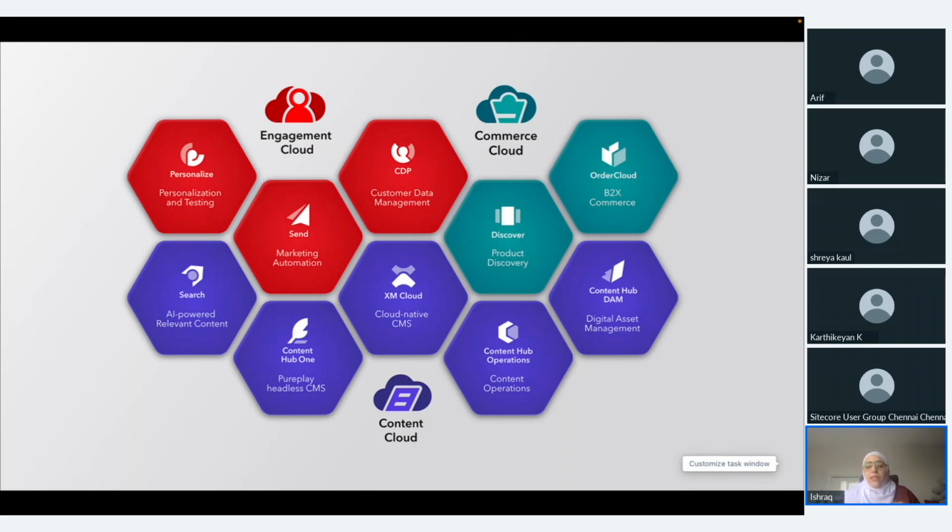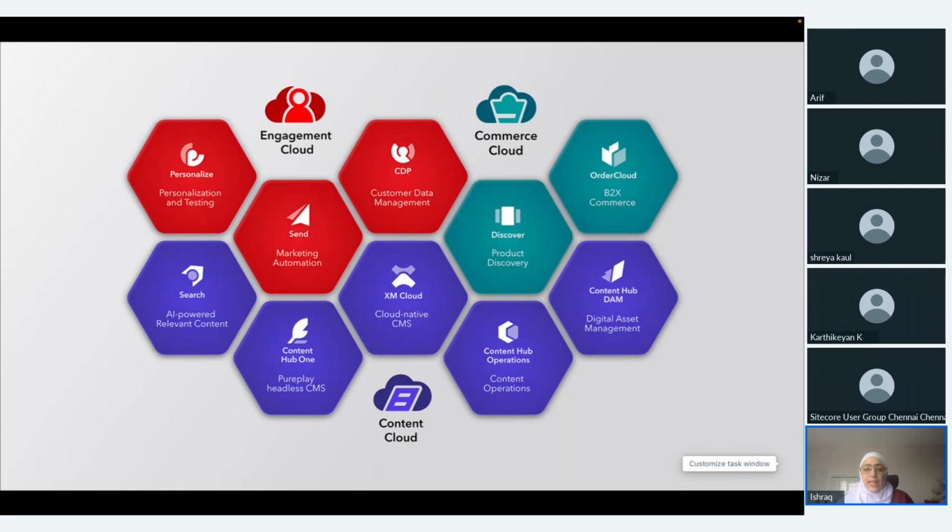And still the main concept with this Sitecore offering, as we can see in the blue section, is content. So we have been introduced to XM Cloud, a cloud native CMS, and it's important that we make a distinction between XM Cloud and Content Hub 1, because the first question when they released XM Cloud, followed by Content Hub 1, was: okay, what's the difference?